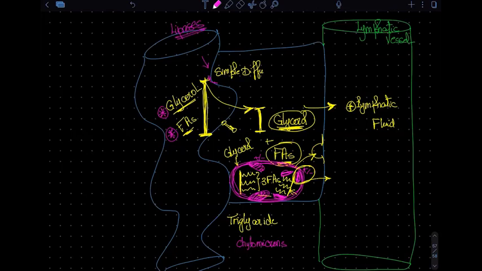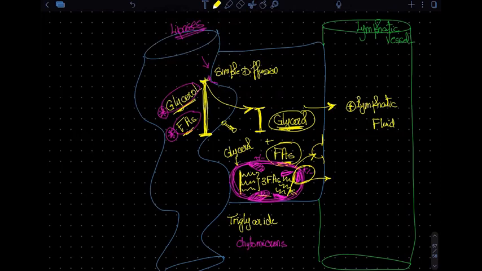You're going to need emulsification of the fat by the bile in order for you to reach those absorbable forms. And once you get glycerol and fatty acids into your small intestinal lumen, they will pass by simple diffusion into your intestinal cell.